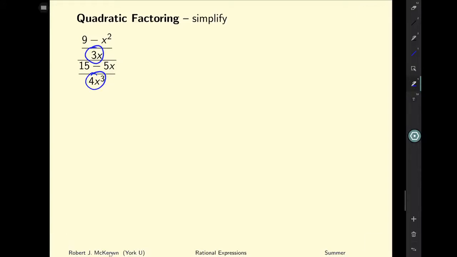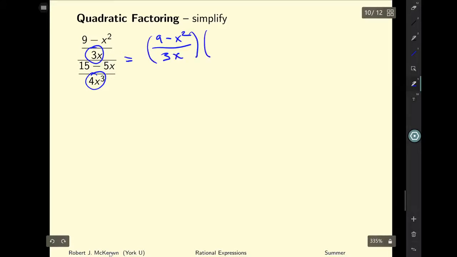Since that is the case, I'm going to start by putting it from its division form into its multiplicative form. So we're going to have the numerator remaining the same, multiplied by the flipped denominator. So we're going to have 4x cubed in the numerator and 15 minus 5x in the denominator.